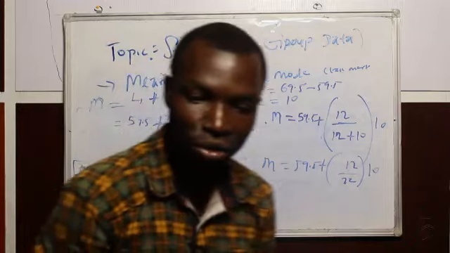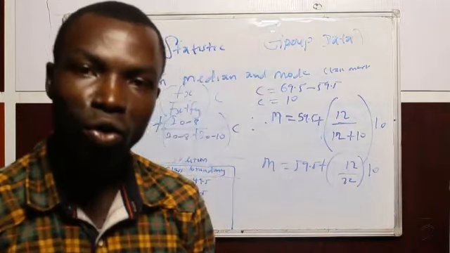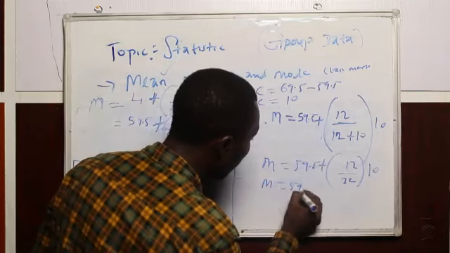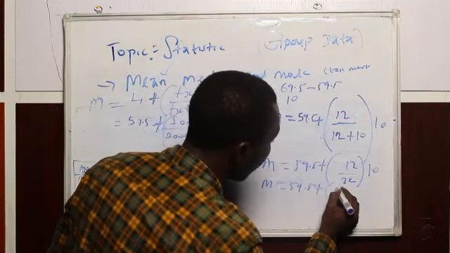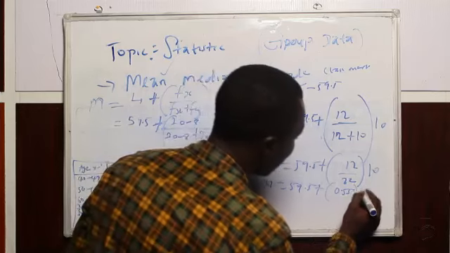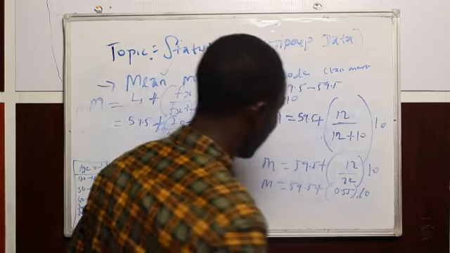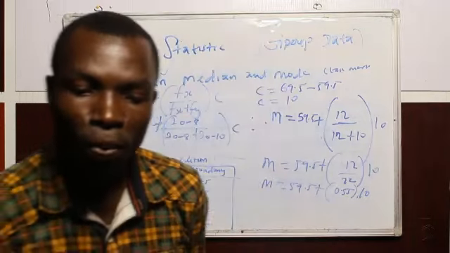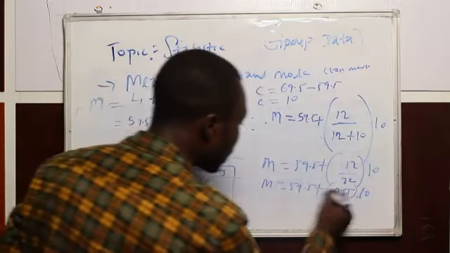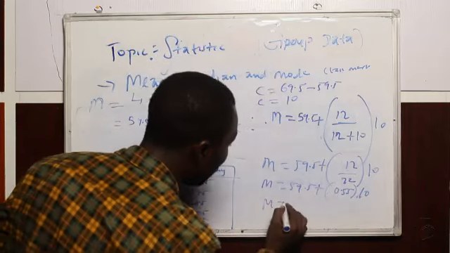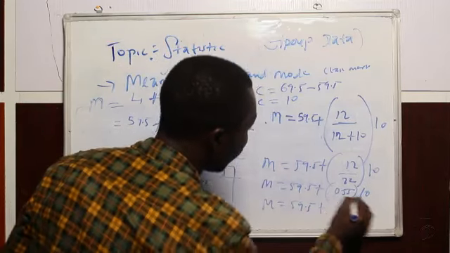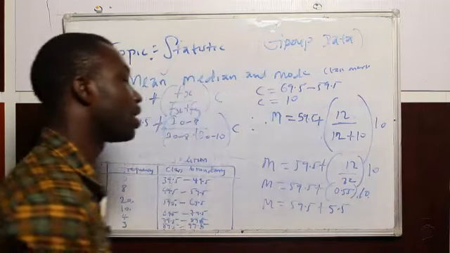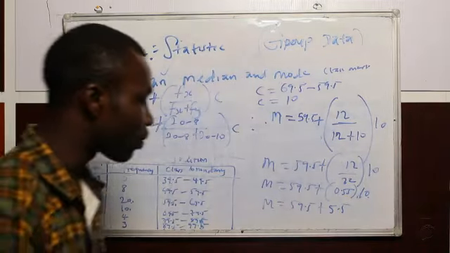12 divided by 22 will give us 0.55. M is equal to 59.5 plus 0.55 times 10. Then we now use 10 to open that bracket. 10 times 0.55 gives us 5.5.